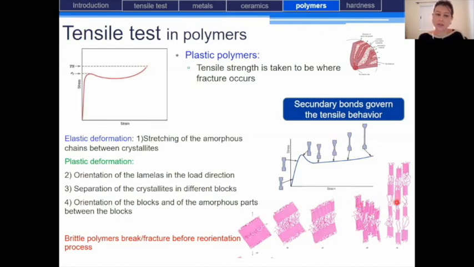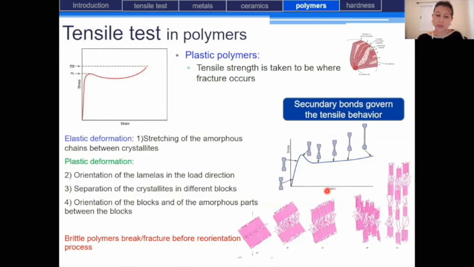Then follows the orientation of the blocks and of the amorphous parts between the blocks, up to fracture of the polymeric chains. And we will also observe necking phenomena and extension of the specimen while the strain is increasing.